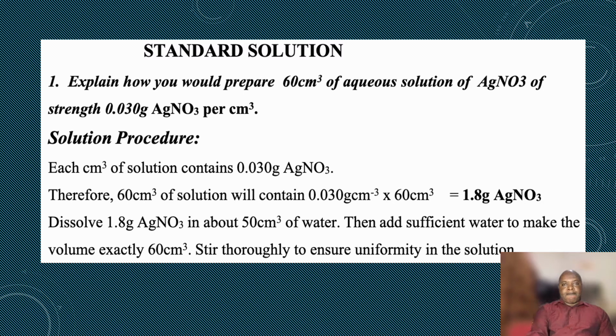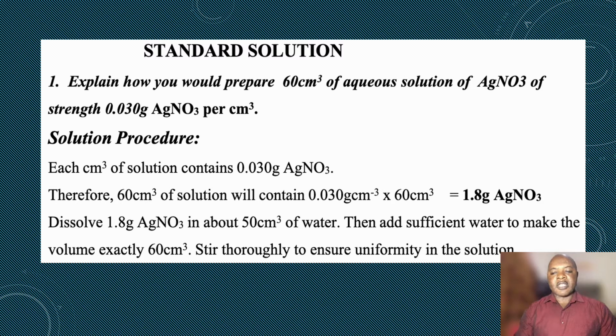Welcome back. As I was saying, when we divide 0.03 gram by the molar mass of silver nitrate, we will have the number of moles of silver nitrate. Now, there is a formula that the mass is equal to moles times the molar mass.